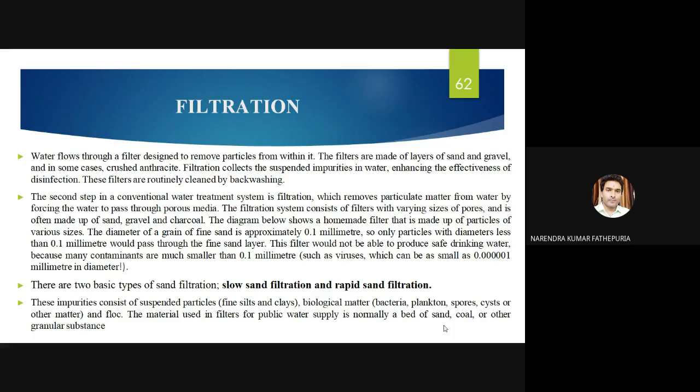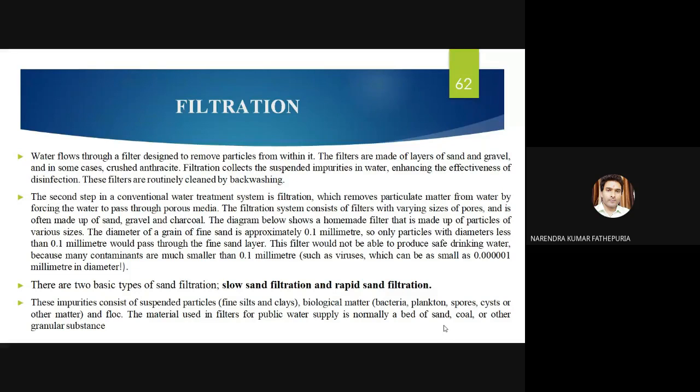The more fine suspended solids and colloidal solids which cannot be removed by the sedimentation process, we can remove through the filtration process. So for removing fine suspended solids and colloidal substances, we have to propose a filtration unit. In filtration, some bacteria and pathogens will also be removed, some percentage.